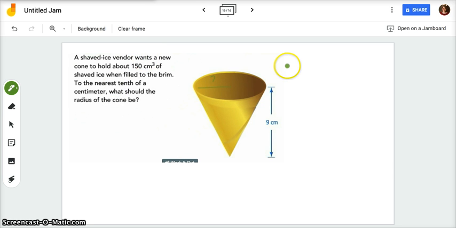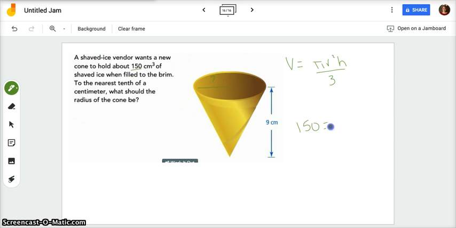Okay, so let's think about what we do know. We do know the volume formula. Volume is pi radius squared times the height divided by 3. All right, let's fill in what we do know. We do know the volume is 150 cubic centimeters.